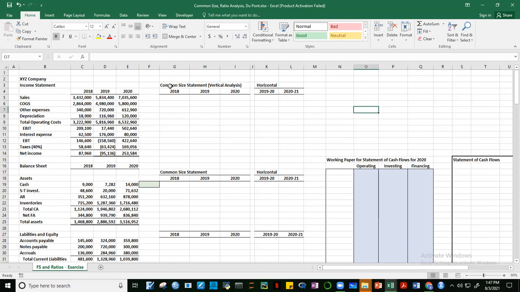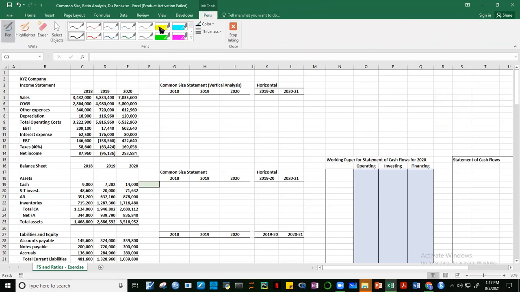Okay, common size statement, guys. Common size statement. Naiintindihan naman natin yung common, ano? Which is just the same as vertical analysis. Pag sinabing common, pareho, no? Pareho. So, bakit siya tinawag na common size statement?